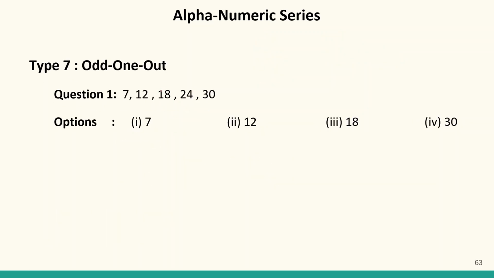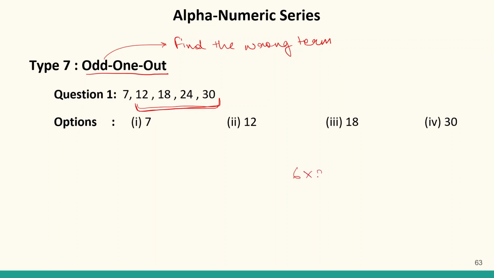Now this one. This one is odd one out. In an odd one out series, we have to find the wrong term, something that does not follow the same logic or the same pattern. So here, if I look at this part of the series, it looks like the 6 table to me. 6 into 2 is 12, 6 into 3 is 18, 6 into 4 is 24, and 6 into 5 is 30.